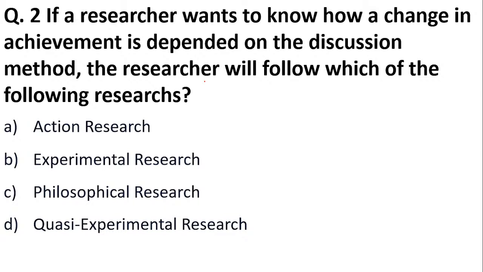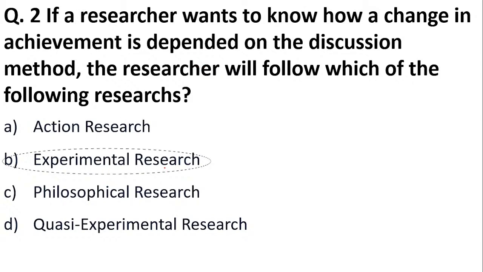The right answer to this is option B, experimental. Yes, everyone is giving the right answer. Means how a change in achievement is dependent on the discussion method. So here, if there is some problem and if you do discussion based on it, then how will the achievement change?